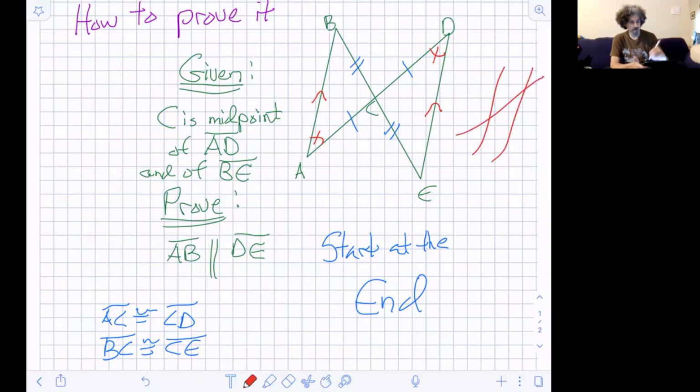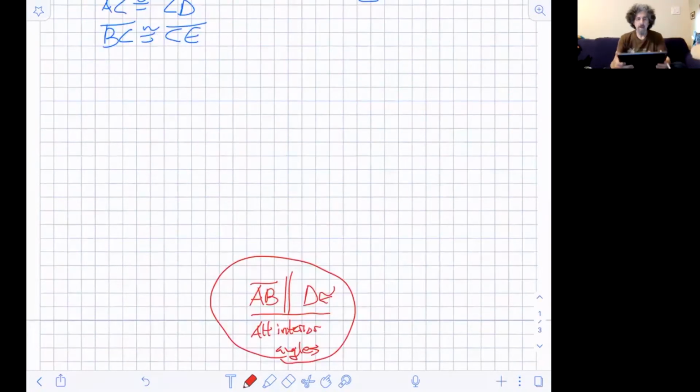There's the transversal that goes from A to D, and those are the alternate interior angles, yeah? So if we could get those alternate interior angles, we'd be set. So I go low down on my page and I note that I'm trying to prove that AB is parallel to DE, and the reason I'm going to use is that alternate interior angles are congruent.